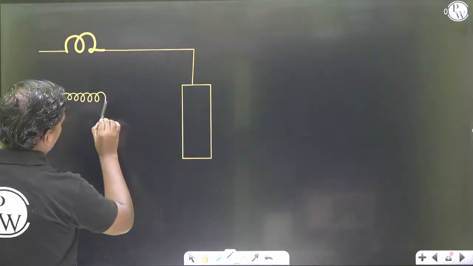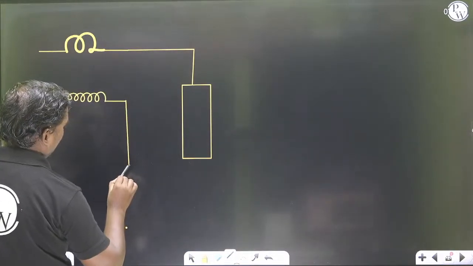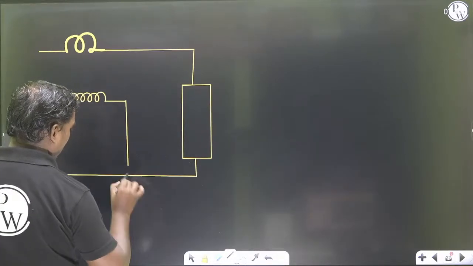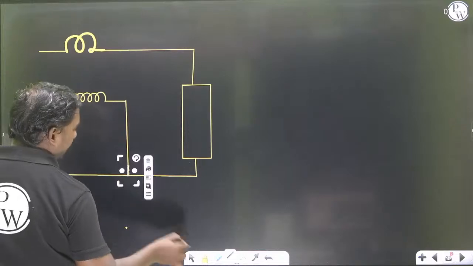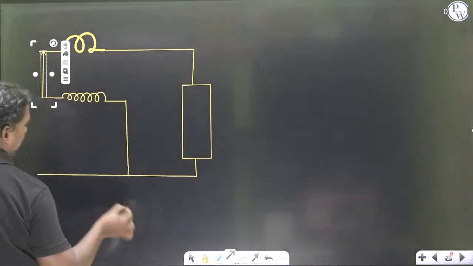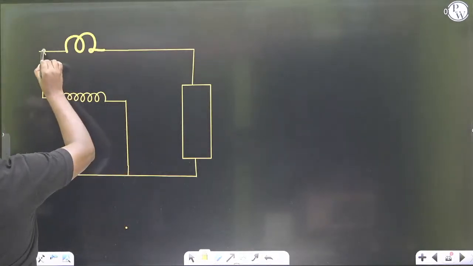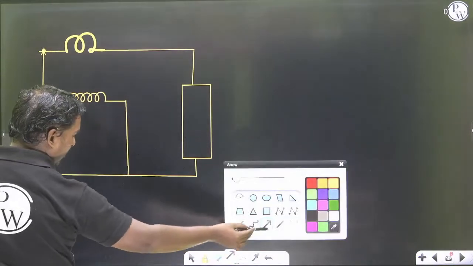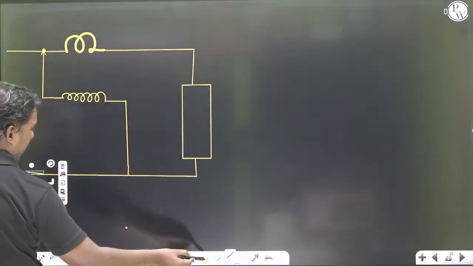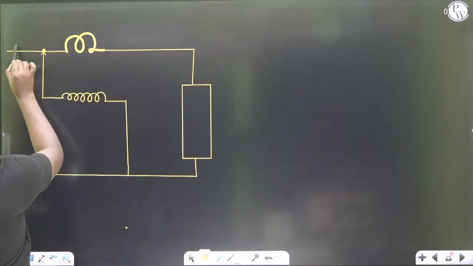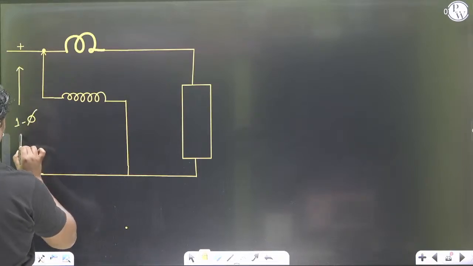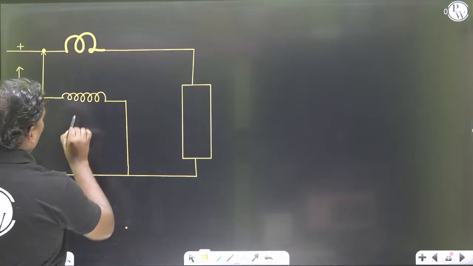Where you are connecting this potential coil? Suppose you are connecting here, this is the mains, single phase supply. So this is our potential coil.